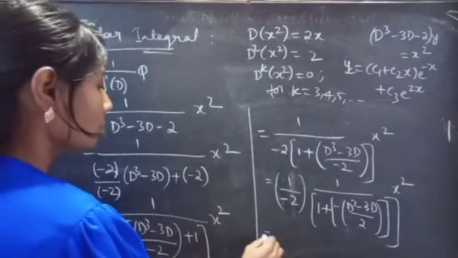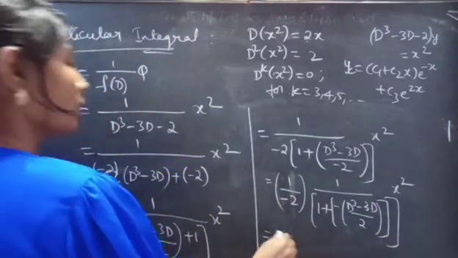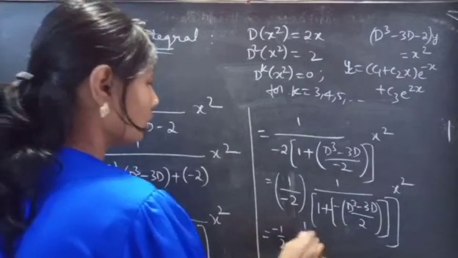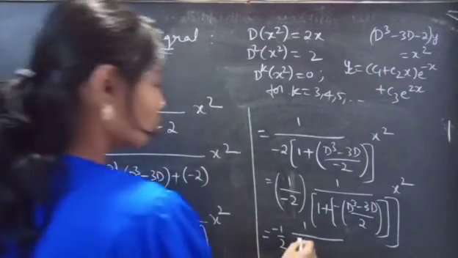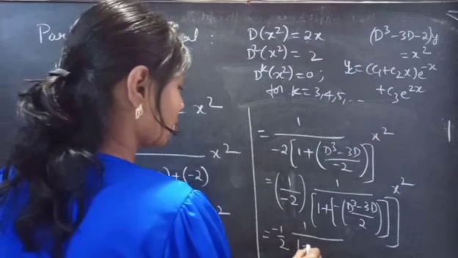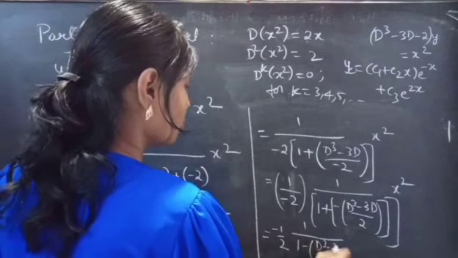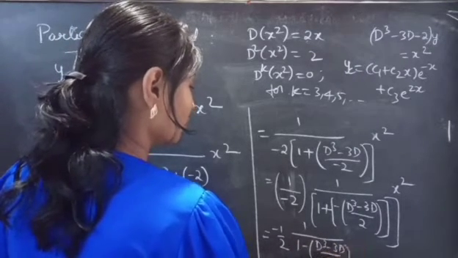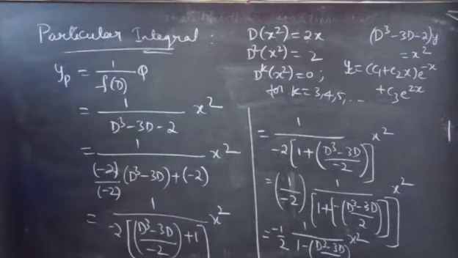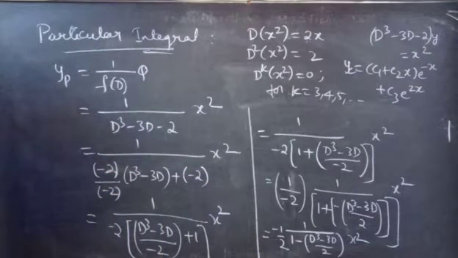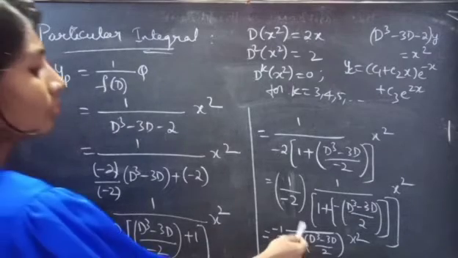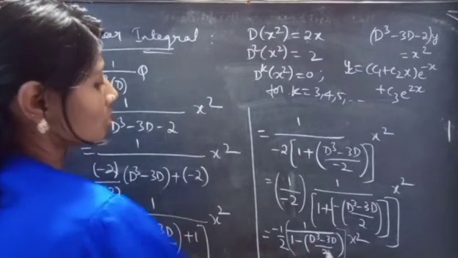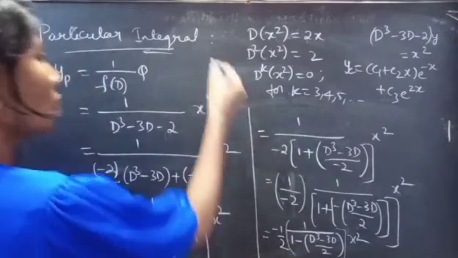Then in the next step, we can write 1 by minus 2 as minus 1 by 2 into 1 by 1 plus into minus, minus D cube minus 3D by 2 into x square. Right? So this fraction is of the 1 by 1 minus x form.